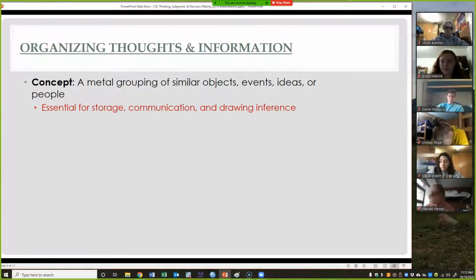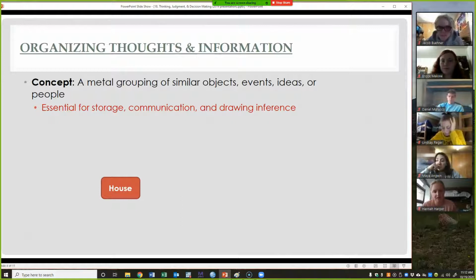If I don't have a concept of the things we're talking about in class, it's hard to retain this information and think about it because you have no framework. So concepts are essential for communication, making inferences about things, and storing information. As we develop concepts about psychological conditions, it's much easier to hold on to that information, manipulate it, and store it.